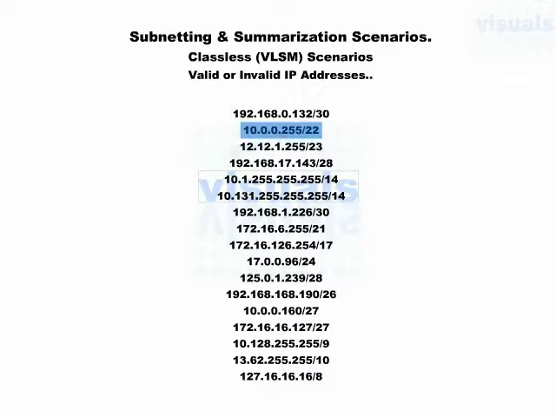So from 0 to 4. So this is a valid IP address, because the valid range of IP addresses for this network is from 10.0.0.1 to 10.0.3.254, and 10.0.3.255 is the broadcast address for this network.